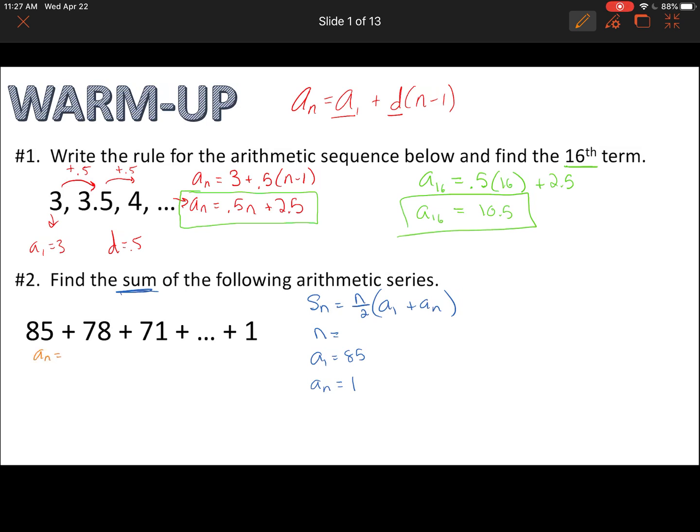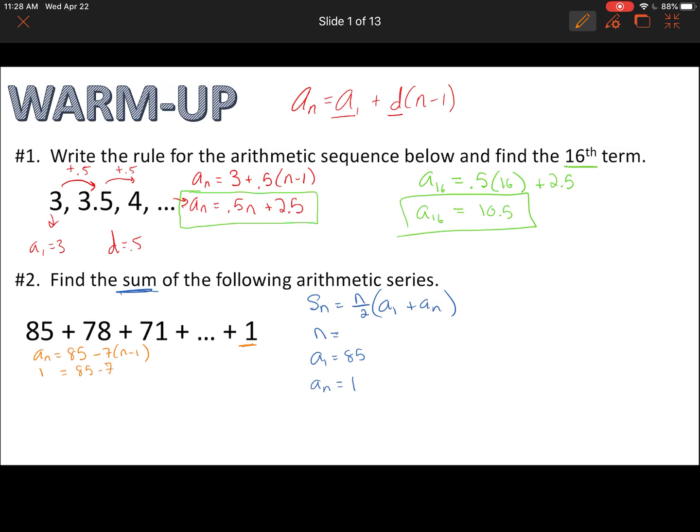So my a sub n formula is 85 minus 7 times n minus 1. I'm then going to plug in this for my a sub n, because that will tell me what term number I need to plug in order to get to that. So I'm going to put the 1 in for a sub n. I'm going to leave everything else the same, and now I'm just going to solve for n.